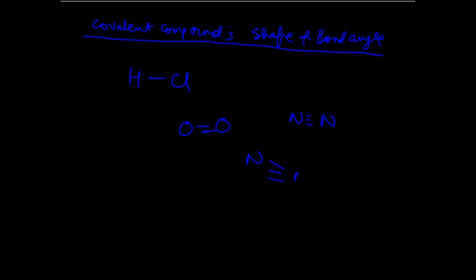Whether they form a bond in this way or in that way, it's always linear. Hence, when there are only two atoms involved in the formation of bonding, the bond angle is 180 degrees and the shape is always linear.